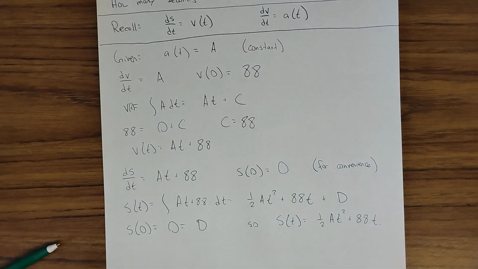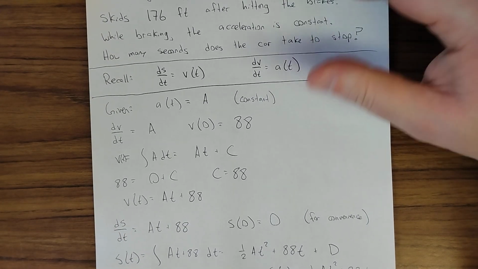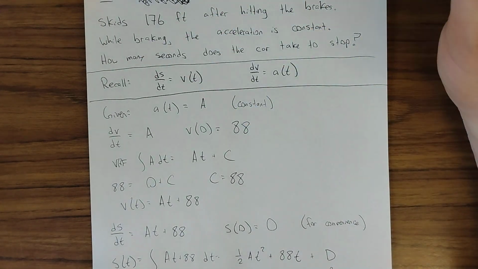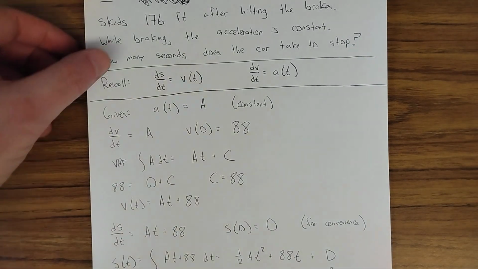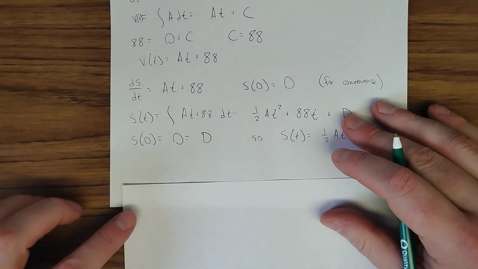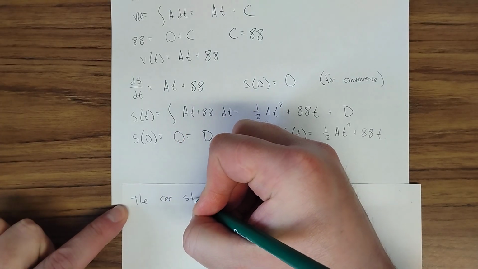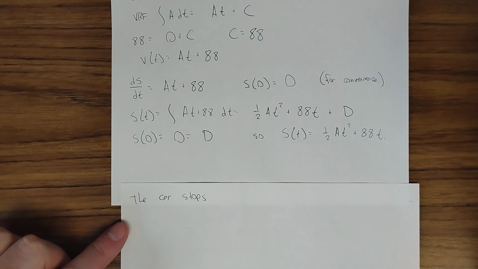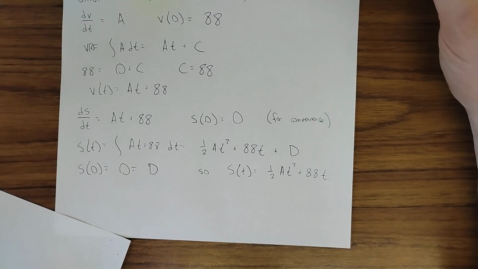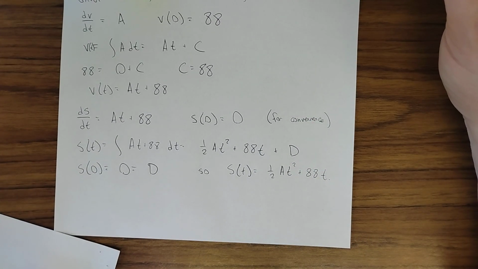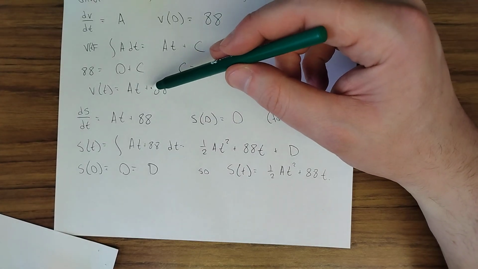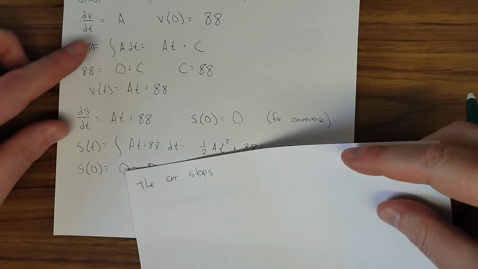But let me take a step back and try to actually answer the question. I just launched into this solving differential equations mode. The actual question was, how many seconds does it take the car to stop? So let's try to answer that. So when the car stops, that means the velocity is 0.